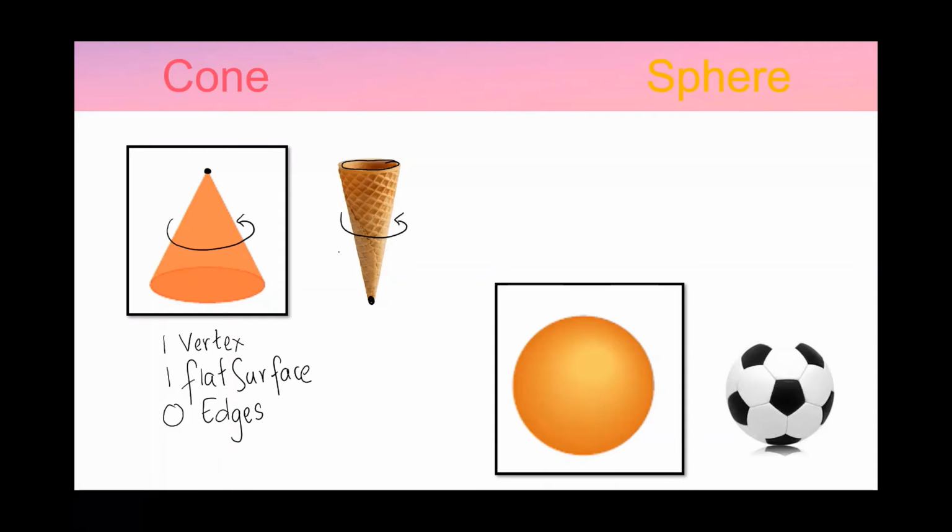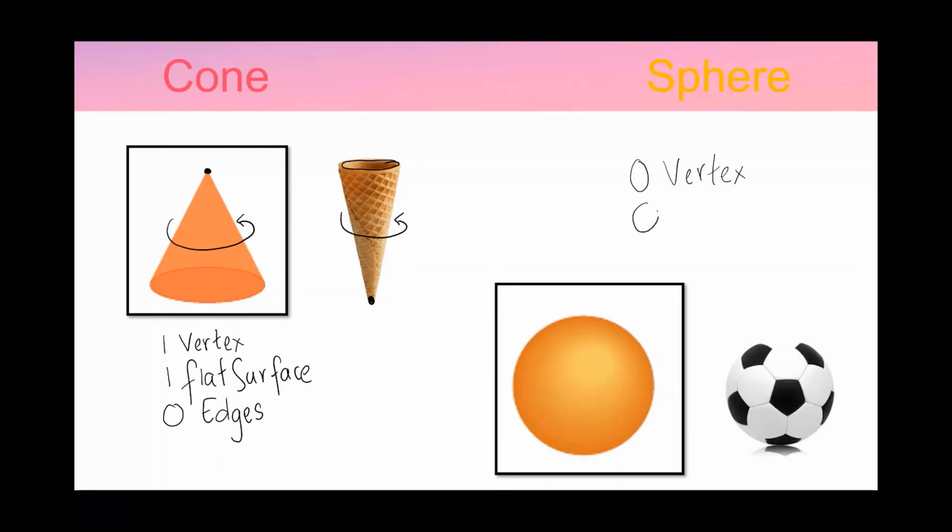Now, can you see any vertex over here? No. A sphere has zero vertices. Any flat surfaces? Any straight surface? Can you keep a ball which is flat?